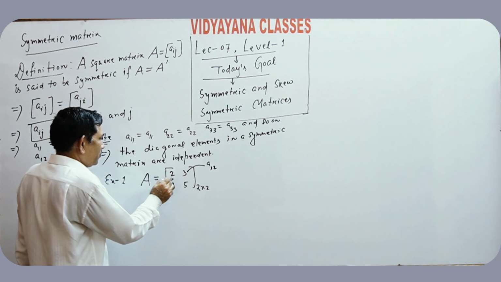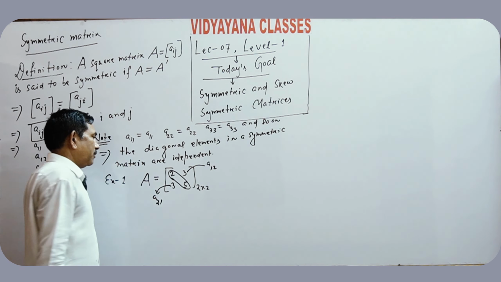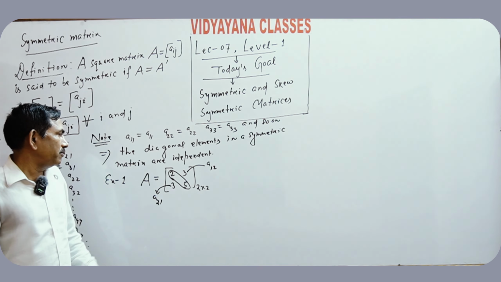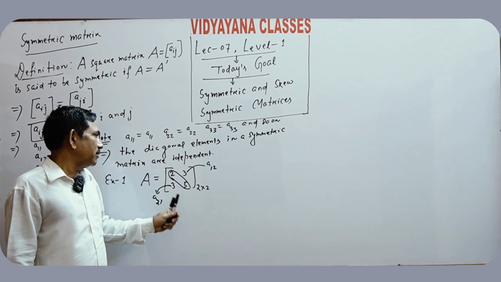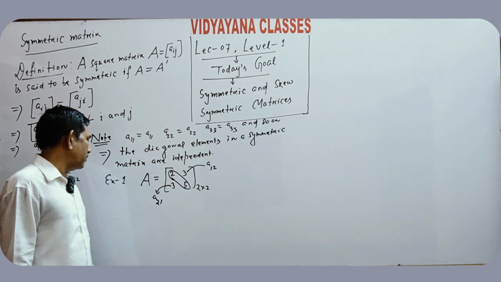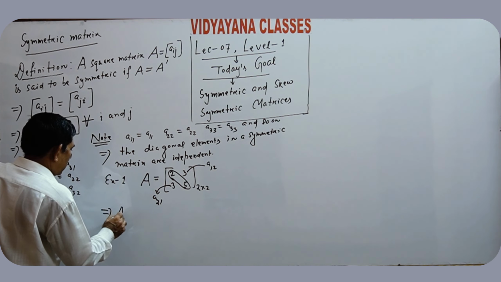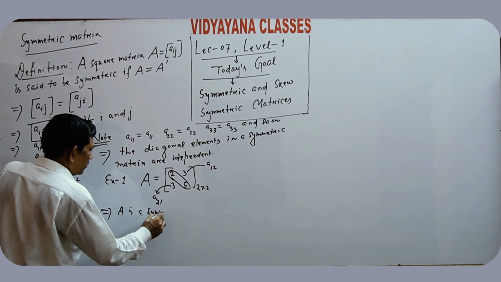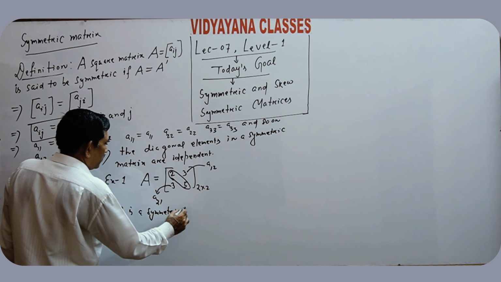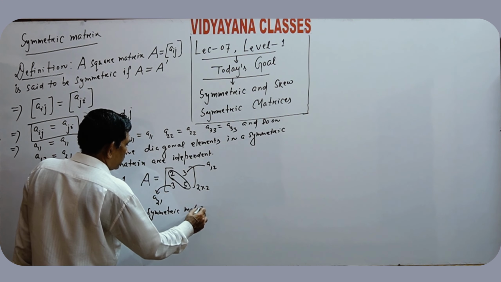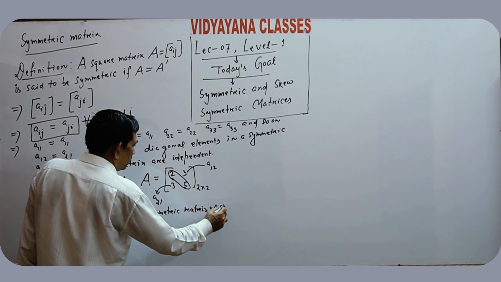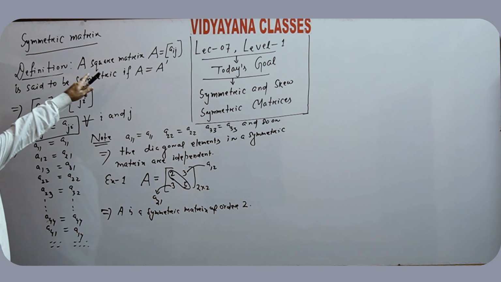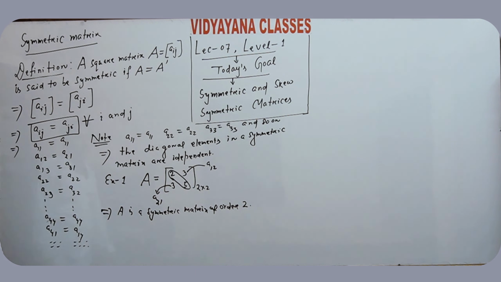The diagonal element, we can take any element in the diagonal. Diagonal means left top to right bottom. But this depends on this. A12 is same as A21. This implies A is a symmetric matrix of order 2. A symmetric matrix is a square matrix.